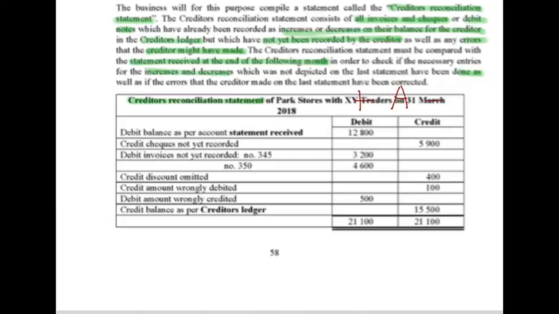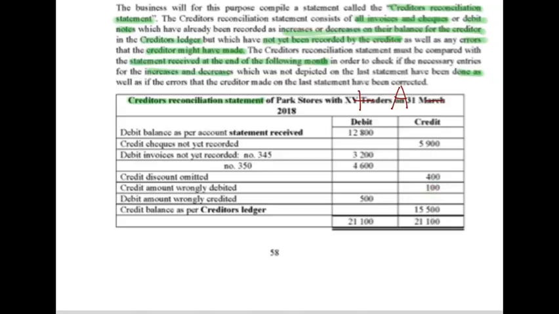So you can see here, as soon as it's a debit balance as per bank account, it will be on the debit side. Then any checks or payments made, discounts, checks, or any credit notes will all go into the credit column. In other words, the decreasing column for the creditors statement.